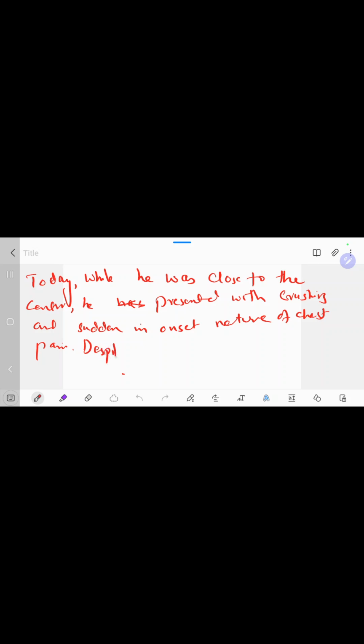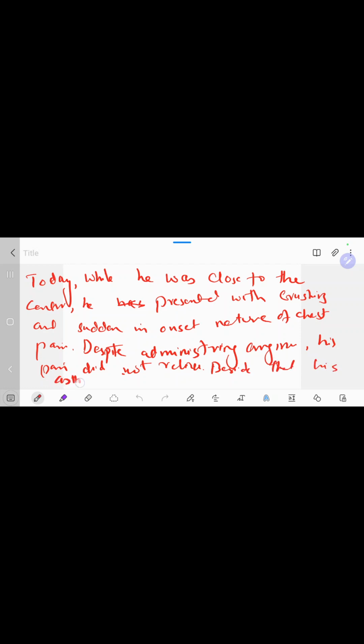Despite administering angina medication, his pain did not relieve. Right? Afterward, we can write it down beside that, his asthma has worsened since last visit.